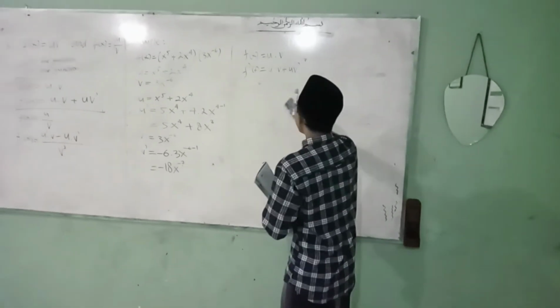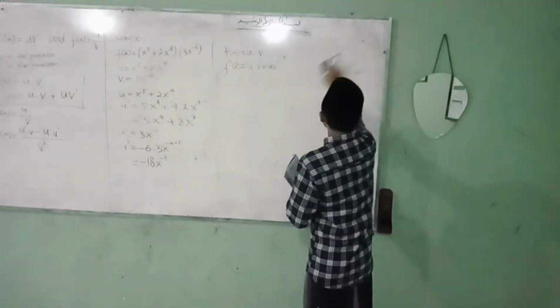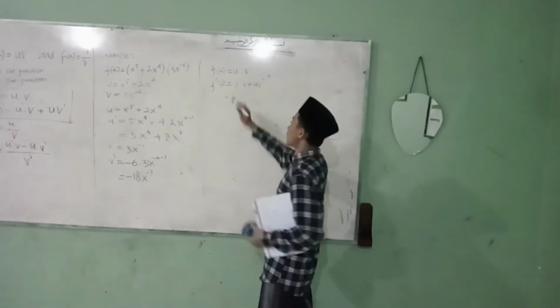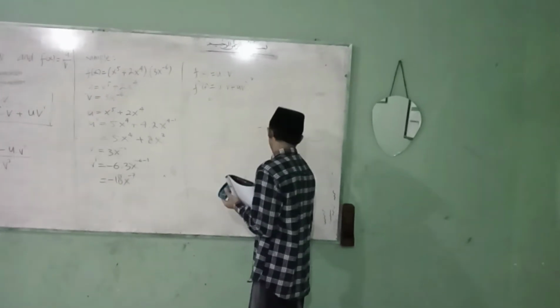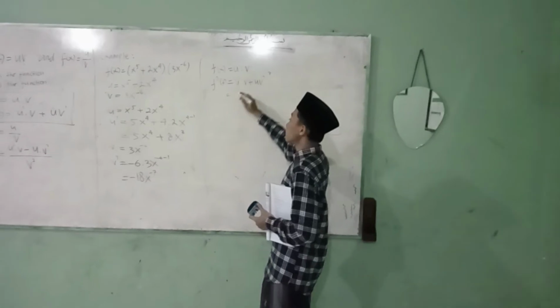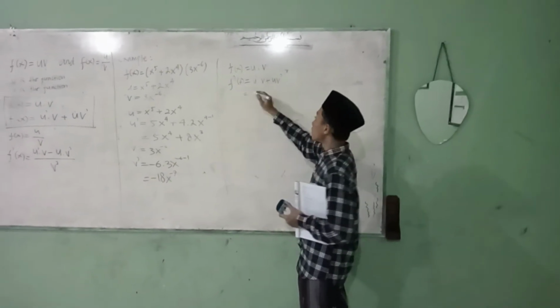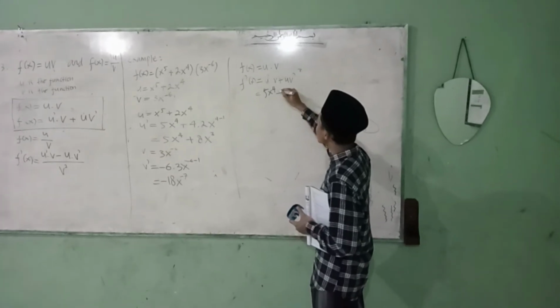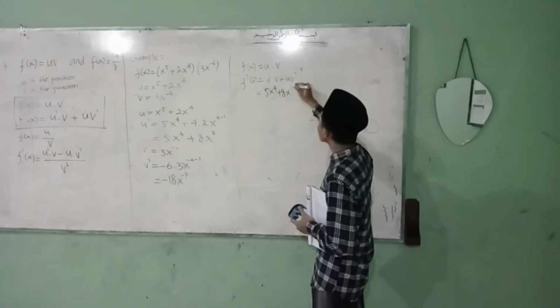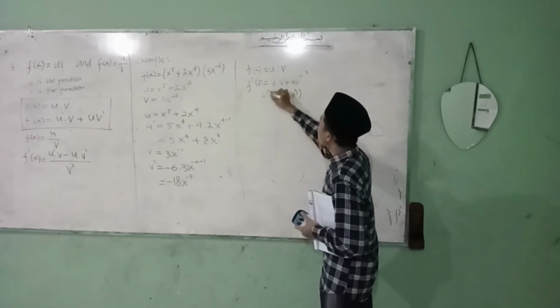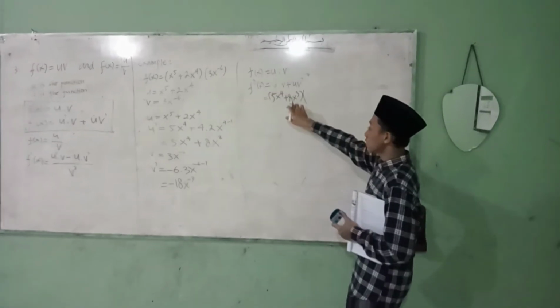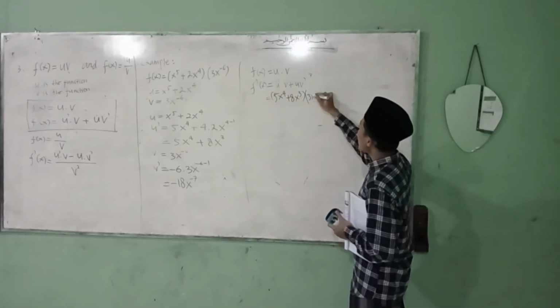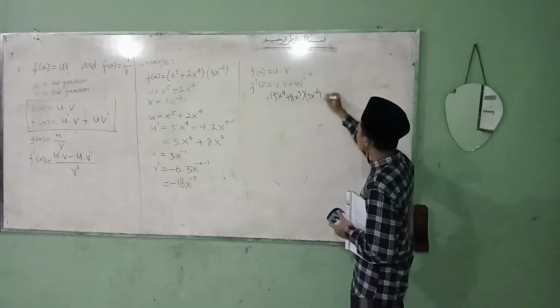Okay, I repeat once more. u prime is equal to 5x to the power of 4 plus 8x to the power of 3, times p, which is 3x to the power of negative 6.